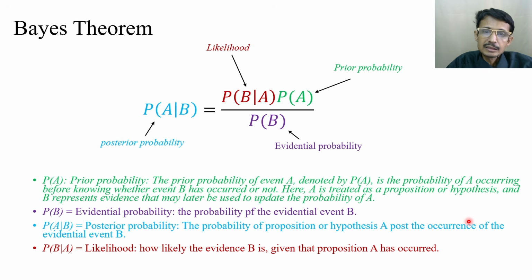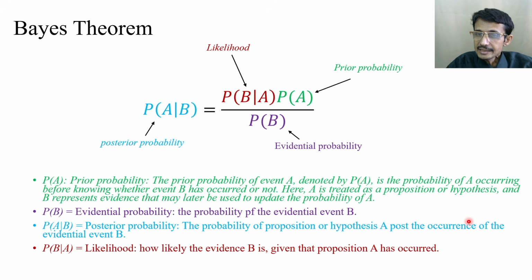This P of A is called the prior probability. The prior probability of event A, denoted by P of A, is the probability of A occurring before knowing whether event B has occurred or not. That is very important to note. So that's why it's a priori.